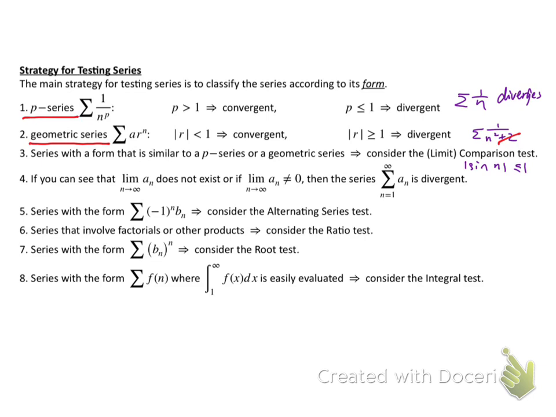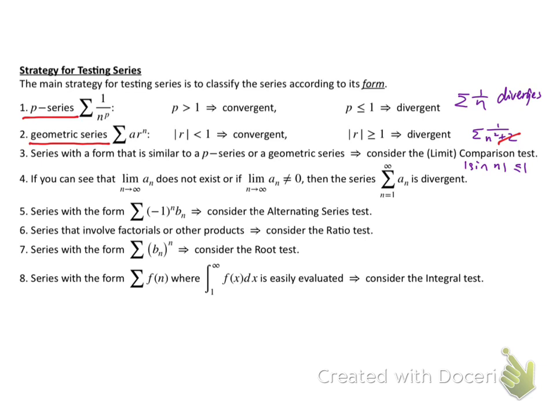So before you start getting into the very complicated tests, take a look at your limit of an. Does it go to 0? It has to be 0 for you to proceed. Otherwise, you can simply claim the limit is not 0, so the series is divergent.